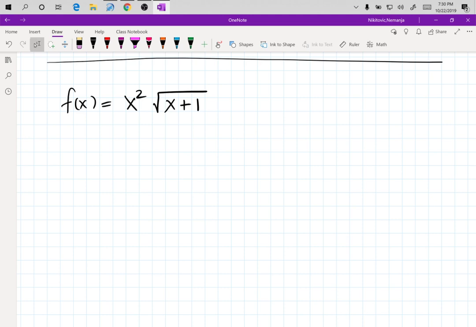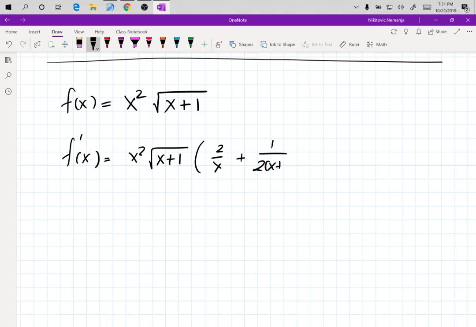Chain. Great. So we are going to do logarithmic differentiation very quick. The way this works is we copy the problem as is, and then just follow with the log part, which is going to be 2 over x plus 1 over 2x plus 1, obviously. Very, very quick.